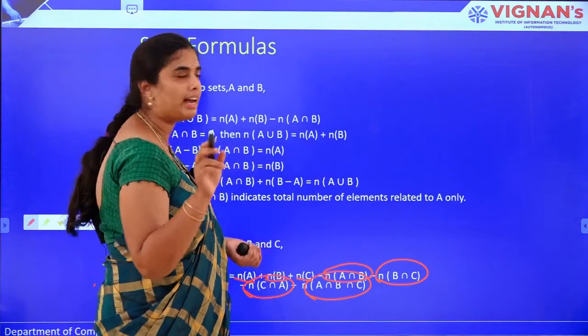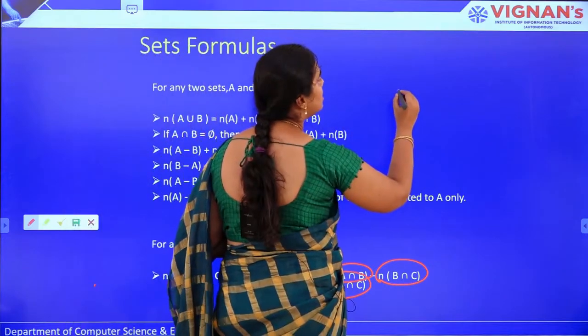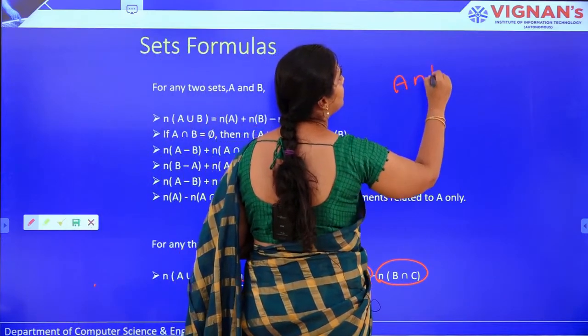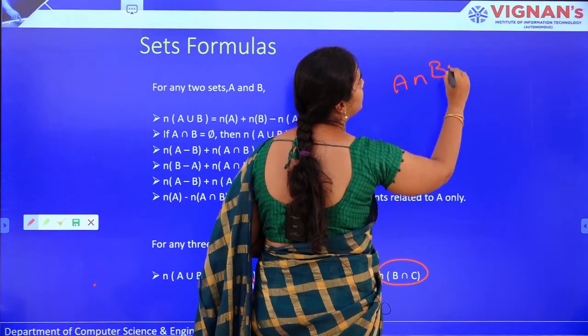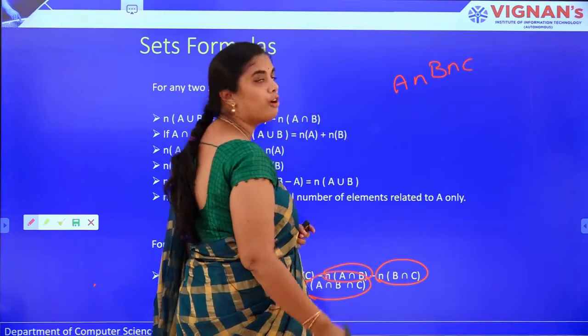So, you have learned Venn diagrams up till now. Suppose you want to represent n of A intersection B intersection C in the form of a Venn diagram.